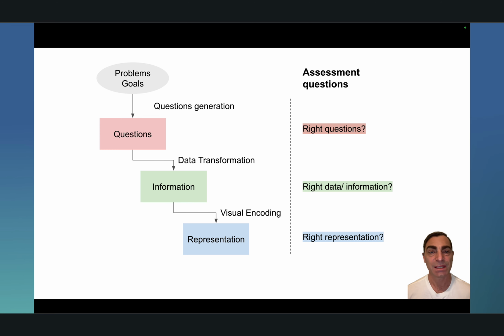And similarly, if you have the right questions but you don't have the right information and you're not producing the right information through data transformation, well, the visual encoding and the representation don't really matter because you don't have the right information. So it's really important to understand that mistakes in the early steps make the quality or effectiveness of the other steps irrelevant, because mistakes that are made early on cannot be recovered by the other steps.